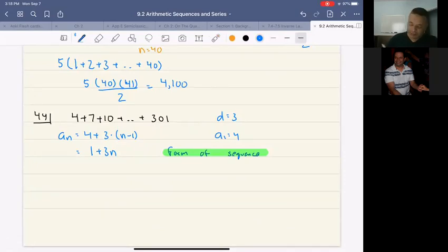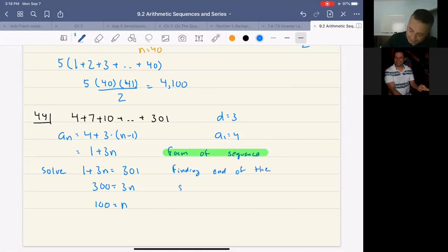So we have to solve 1 plus 3n equals 301, or 300 equals 3n. So 100 equals n. Here we're finding the end of the series.